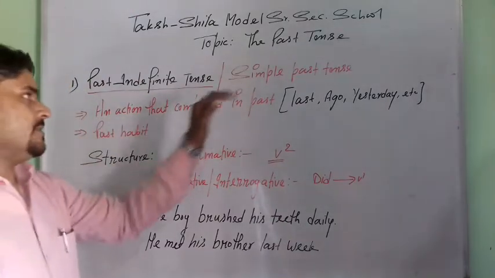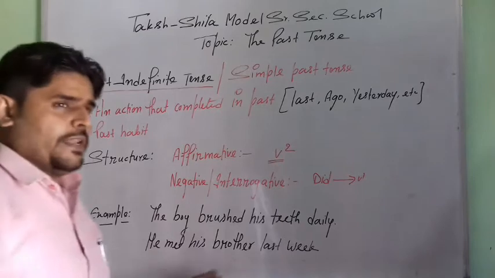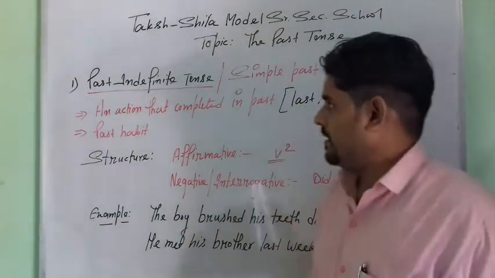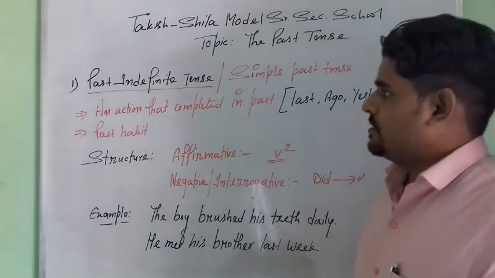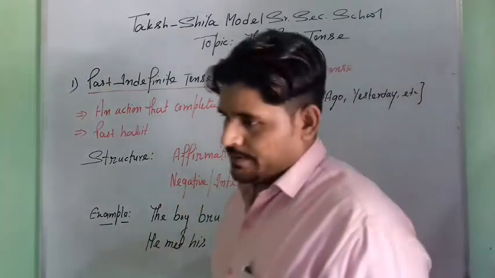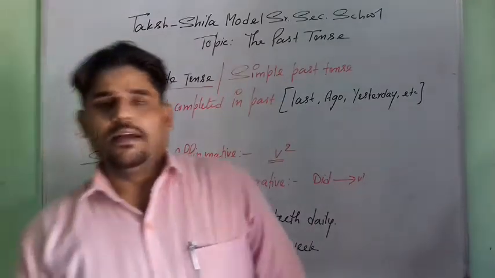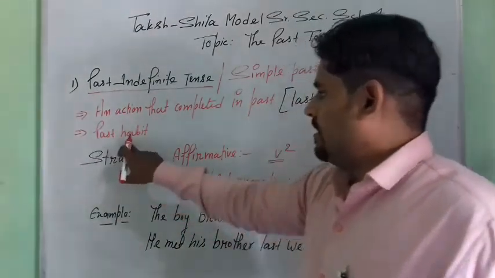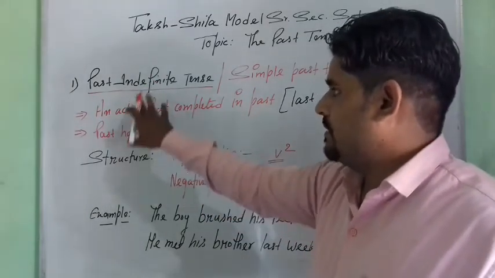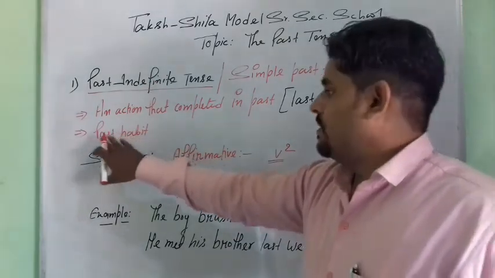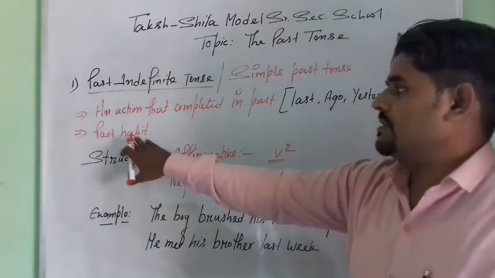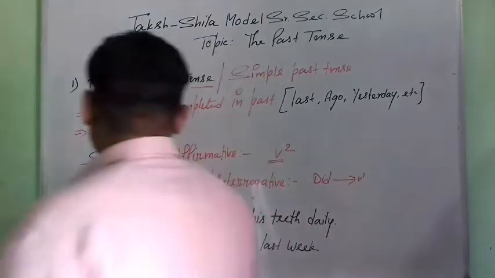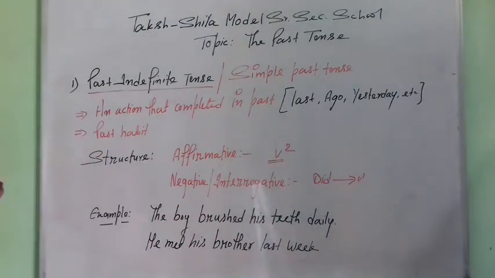Either we call it simple past tense or past indefinite tense. सबसे पहली बात कि जब मैं present indefinite tense explain कर रहा था, I told you that present indefinite tense is used for habitual action in present tense. Similarly, past indefinite tense is used to express past habit. Past habit को express करने के लिए हम past indefinite tense का use करते हैं.